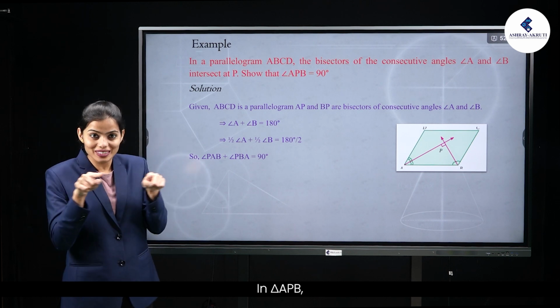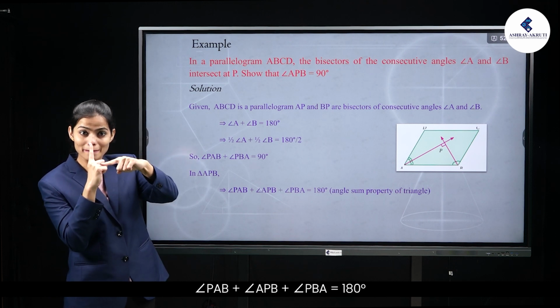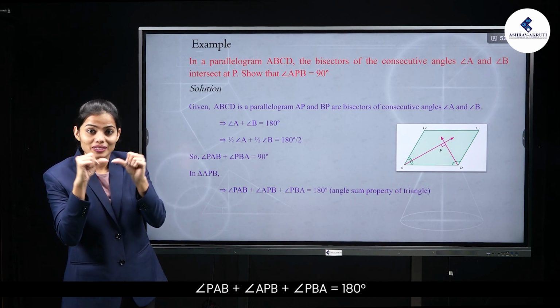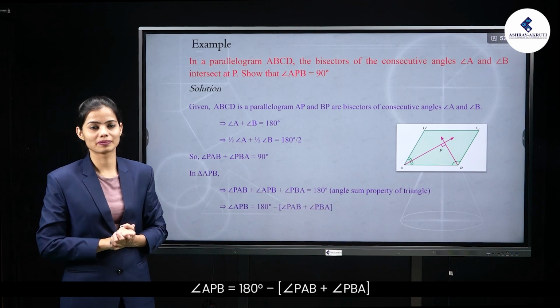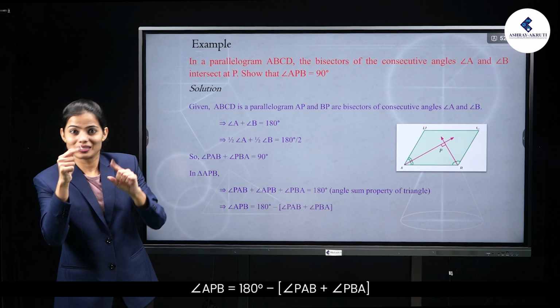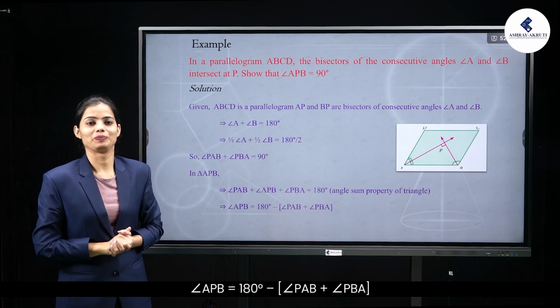In triangle APB, angle PAB plus angle APB plus angle PBA is equal to 180 degrees. Angle APB is equal to 180 degrees minus (angle PAB plus angle PBA).